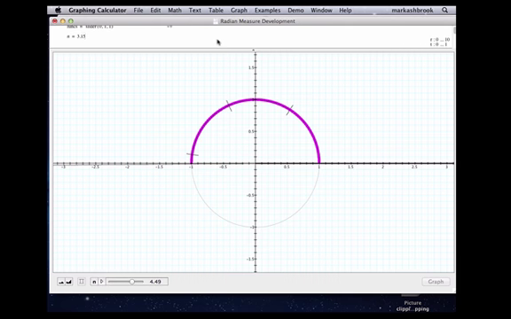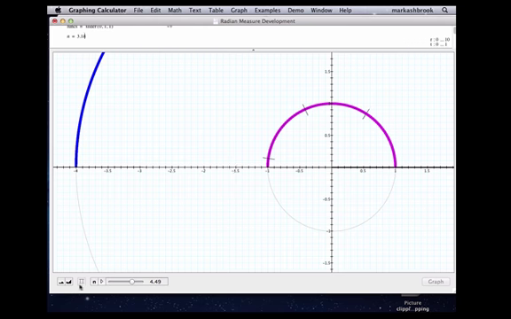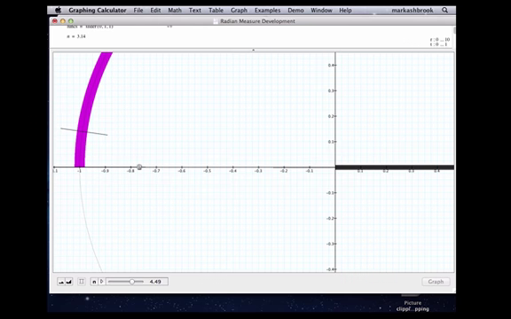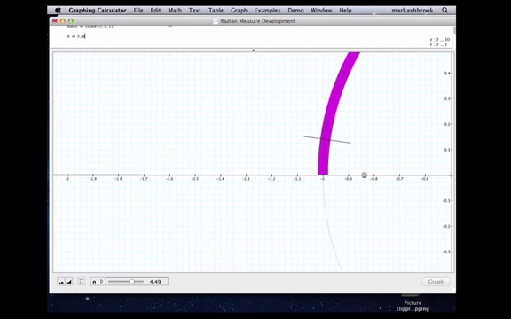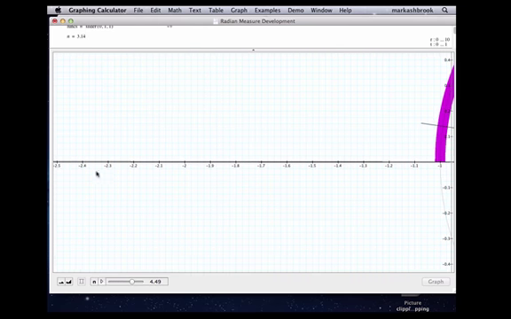A little bit too big. 3.14. Is that it? Just barely too small. Can you see it? It's a little bit too small.